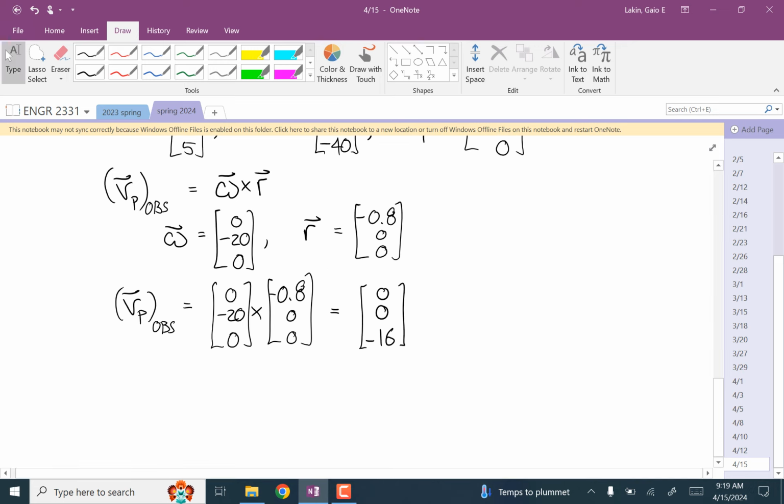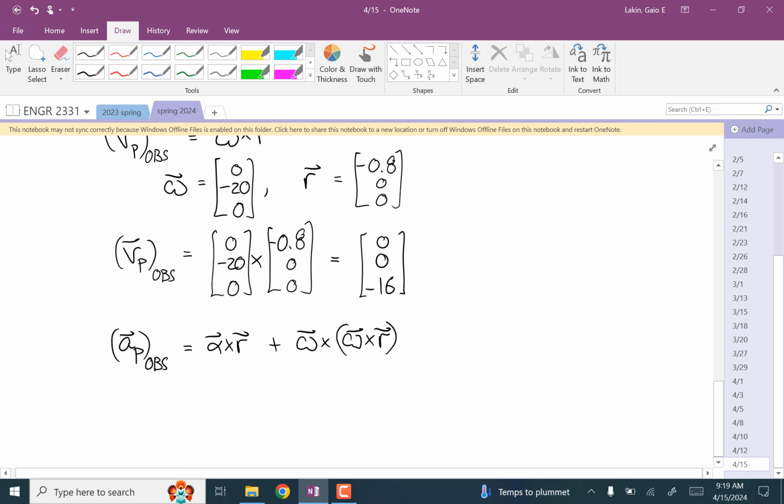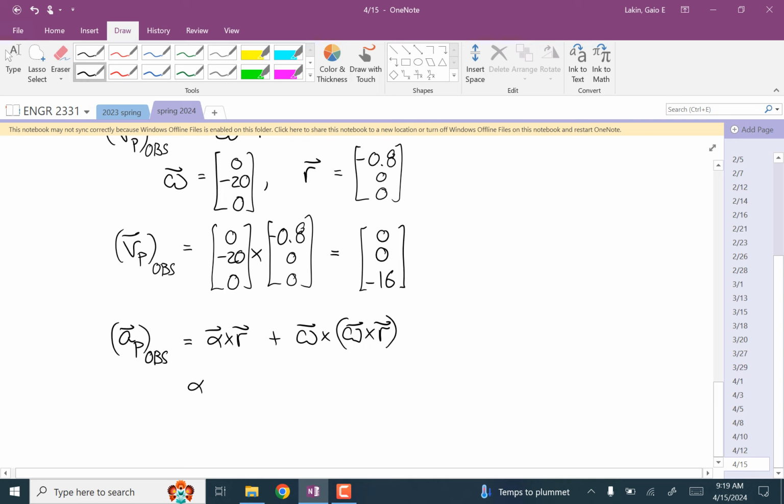Okay, and now we'll go to the observed acceleration. These observed things in problems like this are always circular motion, so this is going to be the watermelon equation. So we got alpha cross R plus omega cross quantity omega cross R. Alpha is the angular acceleration of the cowboy.